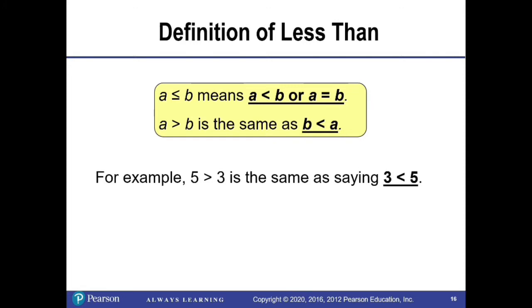So notice when I switch the order of the A and B, the alligator is still opening his mouth to eat the A. In our example, 5 is greater than 3 is the same thing as saying 3 is less than 5. 5 is the bigger number, and the alligator is hungry, so he's eating that bigger number in both notations.